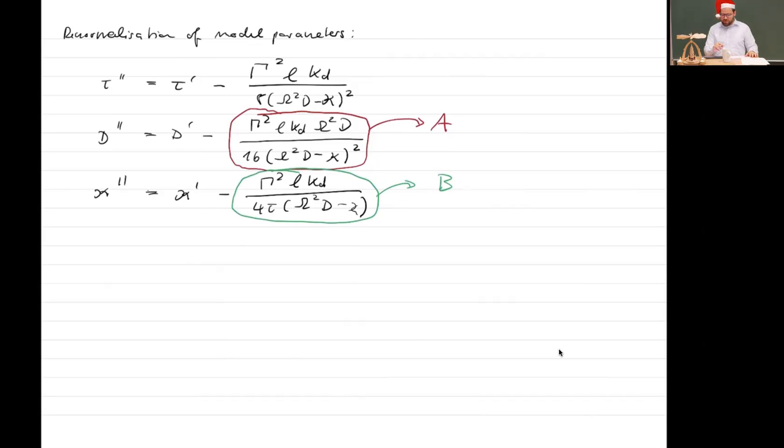So after the three steps of the renormalization group procedure, we update our parameters in this form here. And we still have to plug in the tau prime from previously, from the rescaling step.